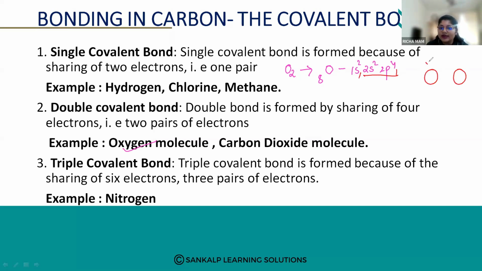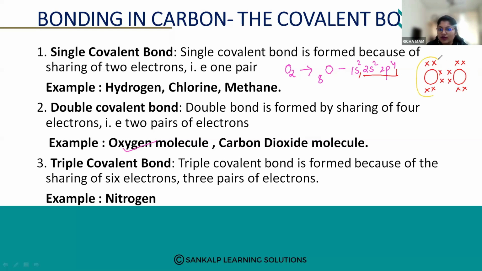So valence electrons. Let me write off one oxygen first: 1, 2, 3, 4, 5, and 6. Same way with this one: 1, 2, 3, 4, 5, and 6. So how many pairs of electrons are shared?